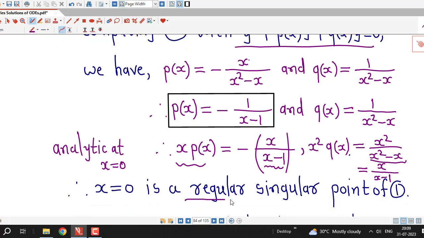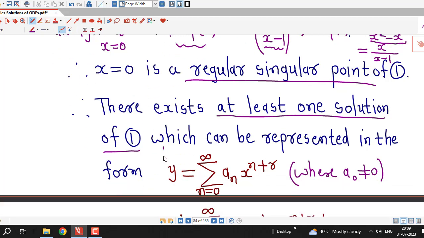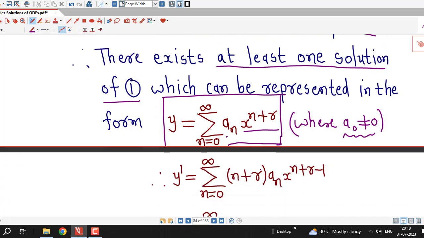and therefore by the definition x equal to 0 is a regular singular point of the given equation, and therefore by the Frobenius method we can say that there exists at least one solution of the given equation which can be represented in this form: y equal to sigma an x to the power n plus r, with the assumption that a0 is non-zero. y dash will be equal to the derivative of an x raised to n plus r, which is an n plus r x raised to n plus r minus 1.